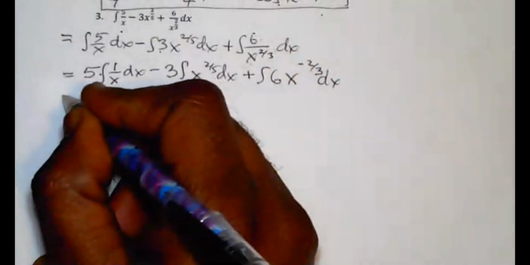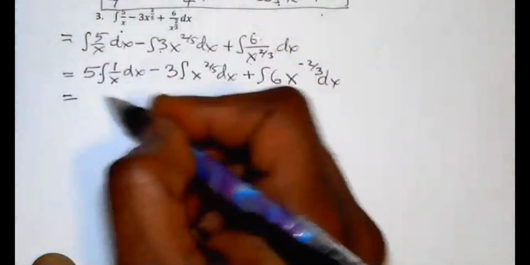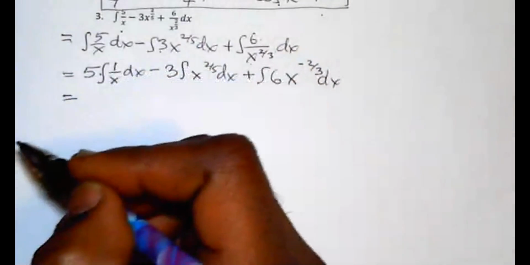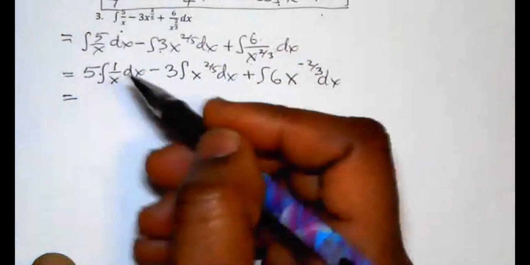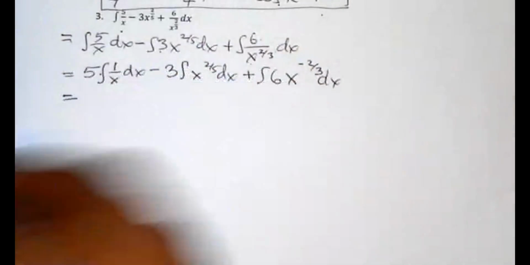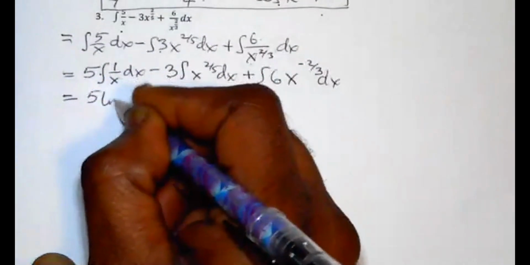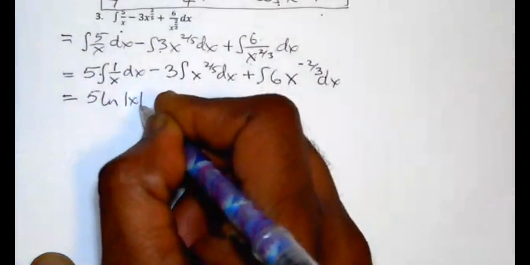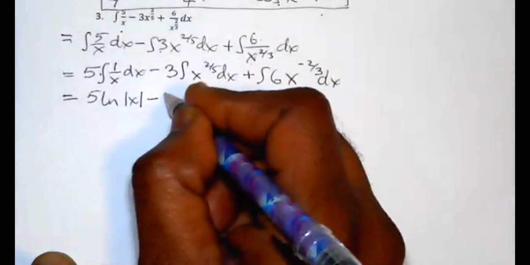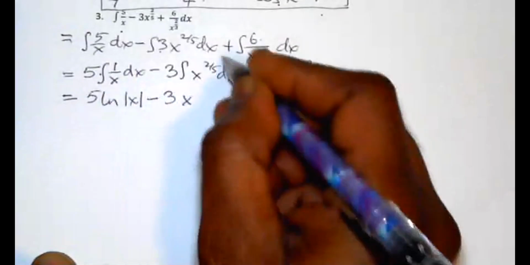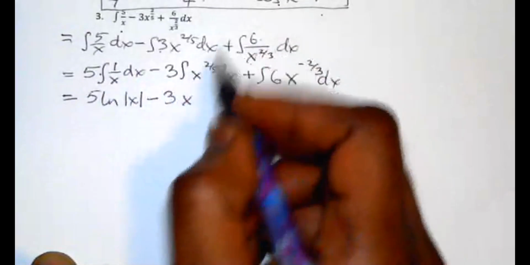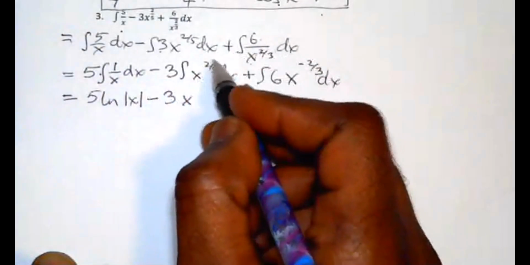So let's do that now. So what's the integral of 1 over x? It is the natural log of the absolute value of x. So it's 5 times the natural log of the absolute value of x minus 3 times. Now here we have to apply the power rule because x is raised to an exponent.